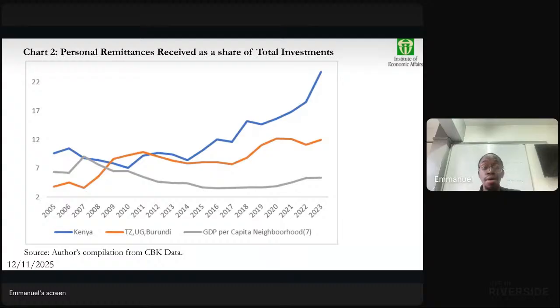Not only that, but it's been accelerating for Kenyans. Investments are not growing; remittances are growing faster than investments. This also bodes ill for Kenyan productivity. We will end the chapter there.